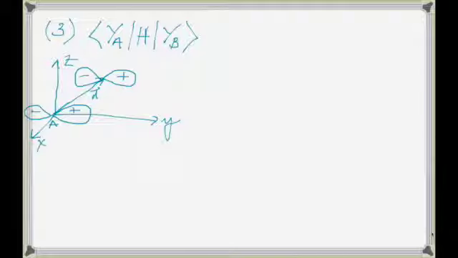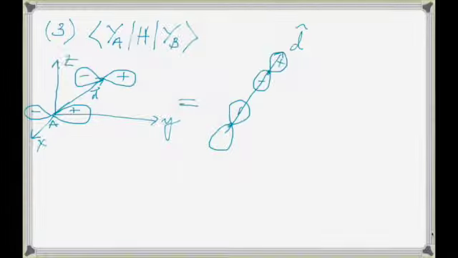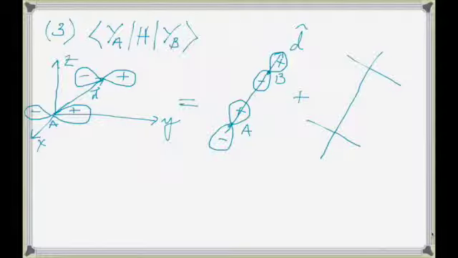I've got to decompose that into sigma and pi bonds. If I draw a line along the d hat direction, the components aligned along that direction give me a sigma bond, plus the components perpendicular to that direction give me a pi bond.